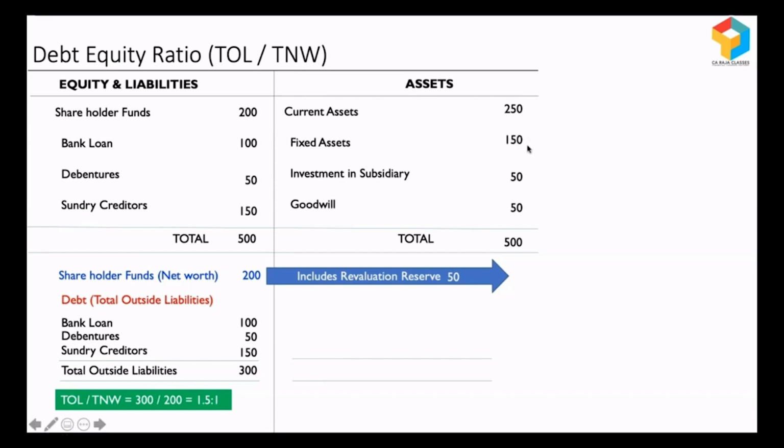In that they had some land worth 10 million. I'm just narrating the story before doing the revaluation. Let me give you the breakup. This 150 has two components: 100 million plus 50 million. What is that 50 million? That's what I'm explaining.